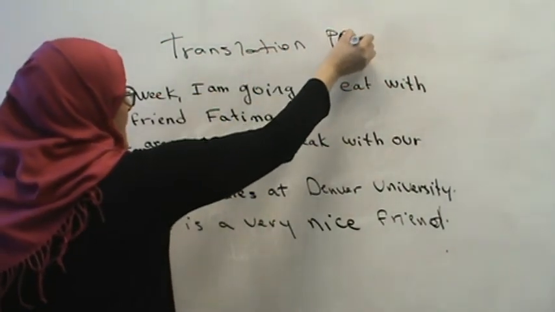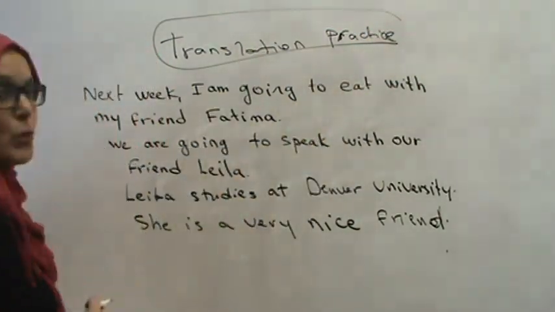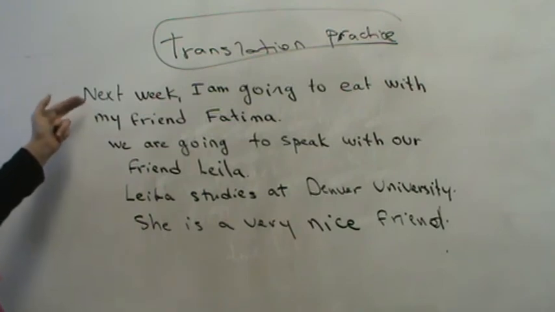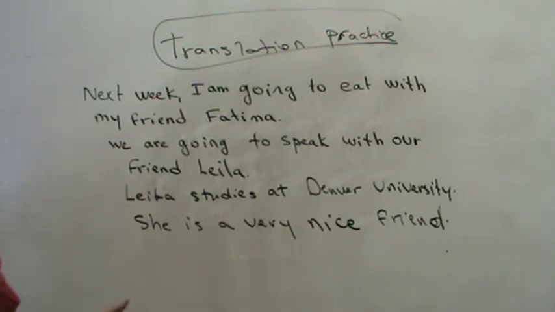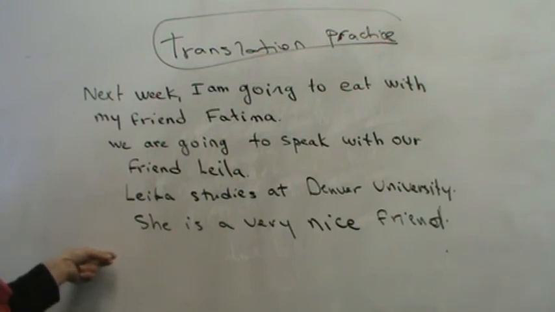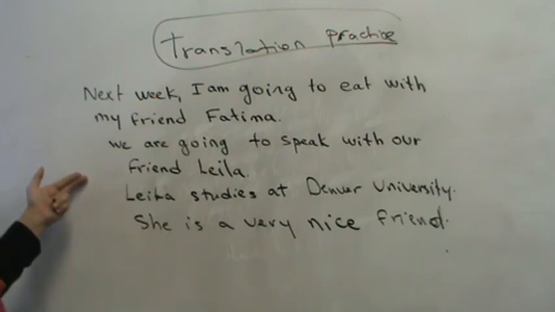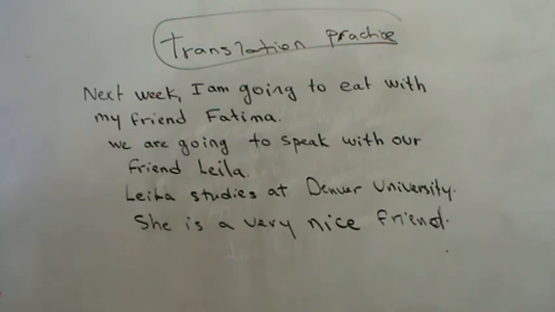We are going to start doing practice because this is a very, very important part. It's going to review what we have seen, the rules. So it's now time to apply these rules. Next week, I'm going to eat with my friend. It's the same, and then you can do it.